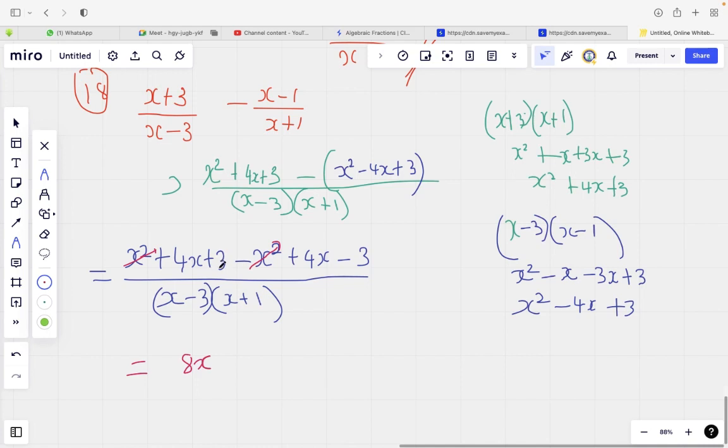Then you see positive 3 minus 3. 3 minus 3 is 0. So you're done with that. Over the denominator, which is x minus 3 in one bracket and x plus 1 in another bracket. So that's all. You're done.